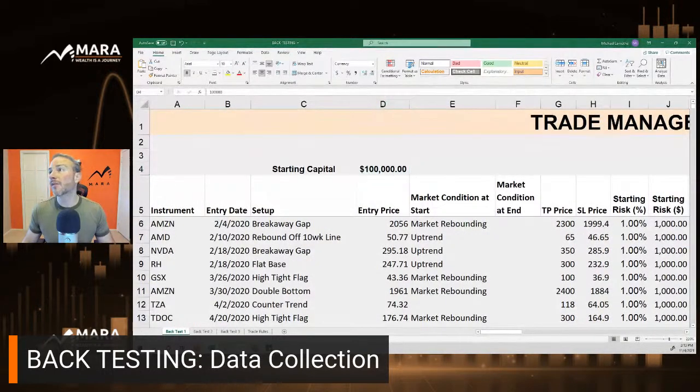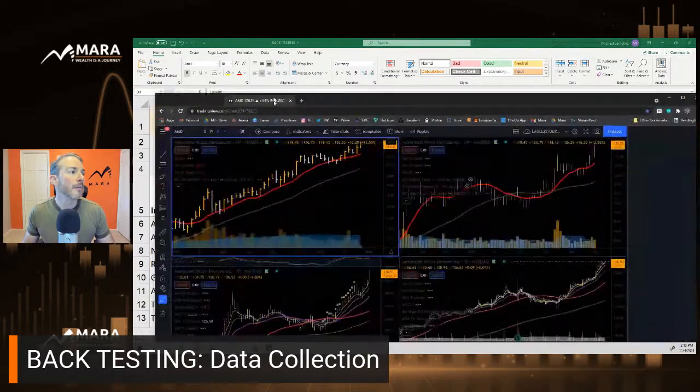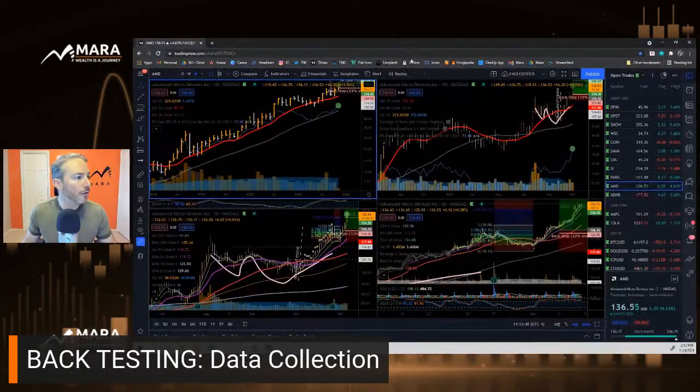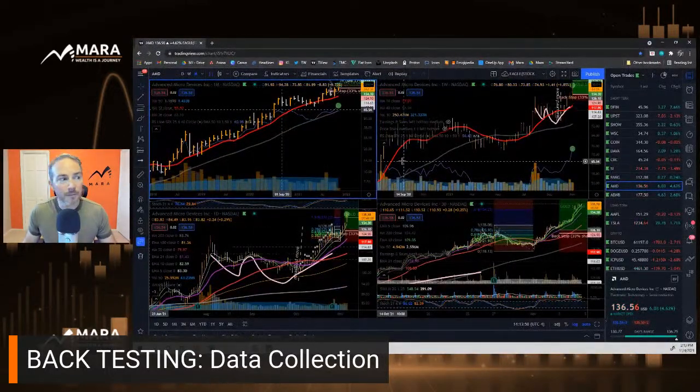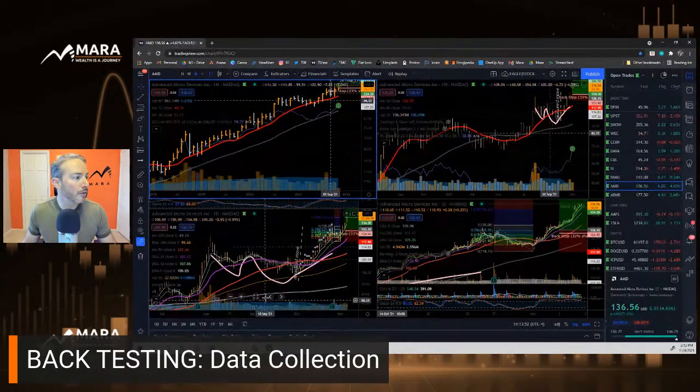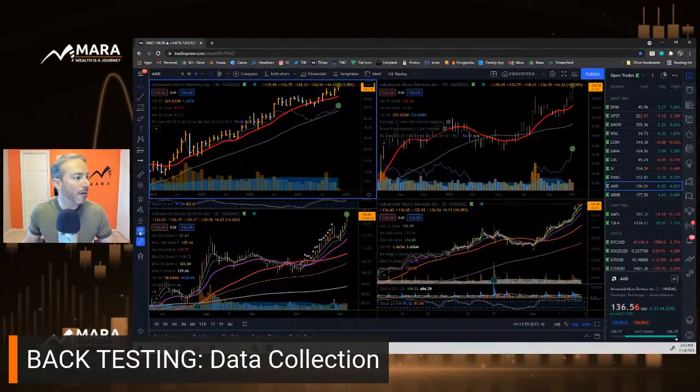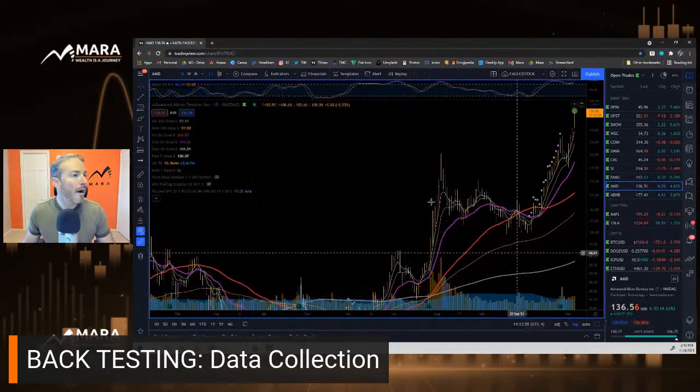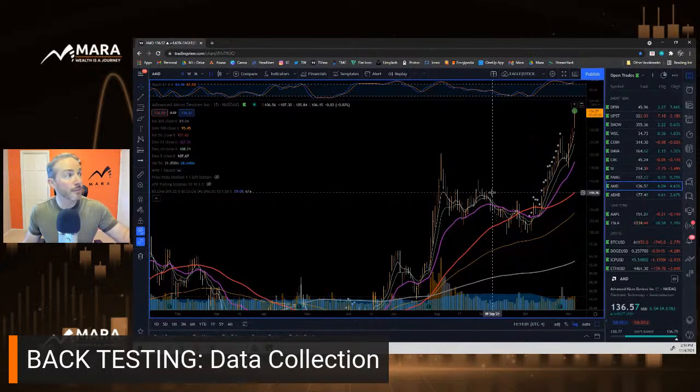Let's see, do I have my charts open somewhere? Pop open TradingView. I thought I had it open, but I must have closed it. So you could go to whatever charting platform you use, turn off all the annotations and say, where would I have entered AMD, for example?